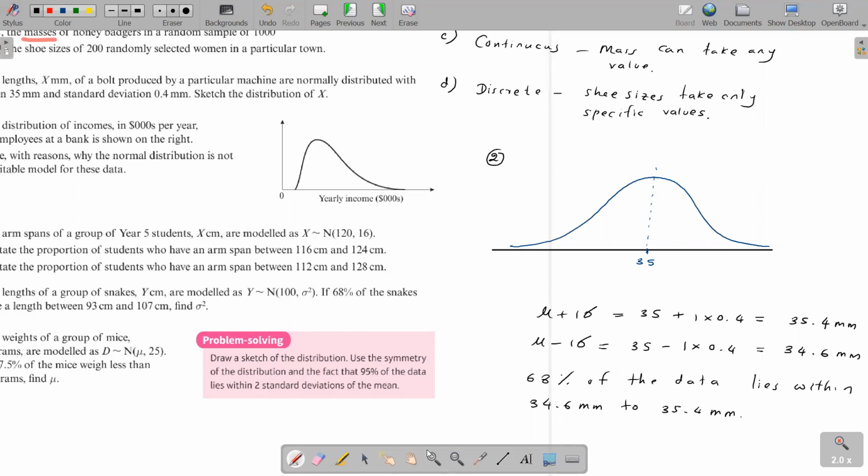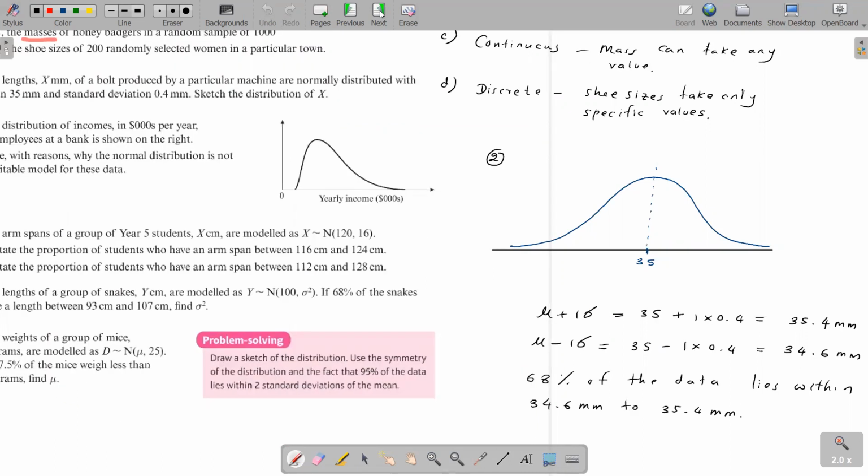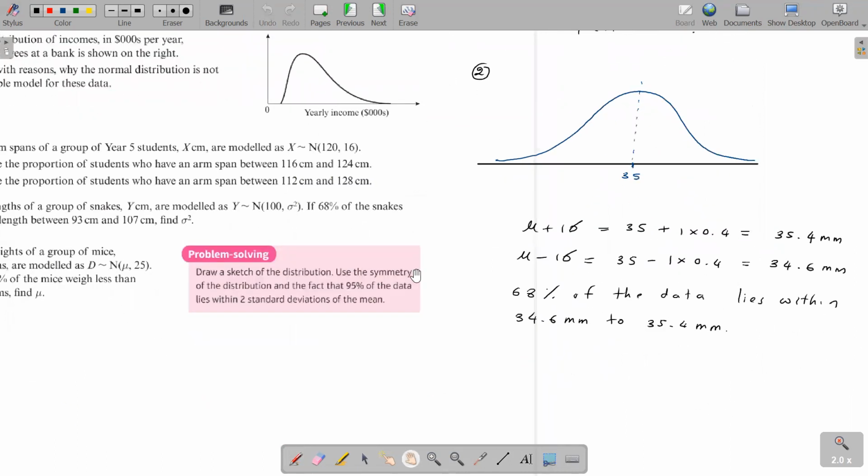And also, shall we get the 95% also? So 95% of data lies within two standard deviations. Let's get that also. So mu minus 2 sigma and mu plus 2 sigma. Mu is 35. 2 times sigma is 2 times 0.4. 35 plus 2 times 0.4.